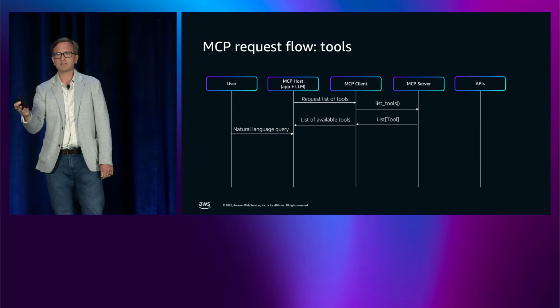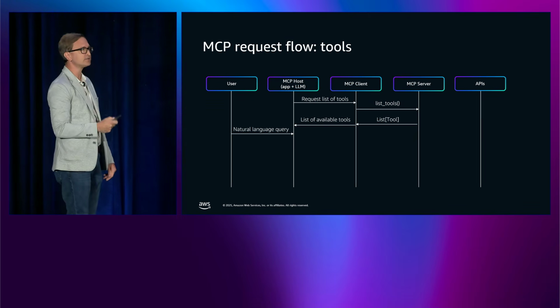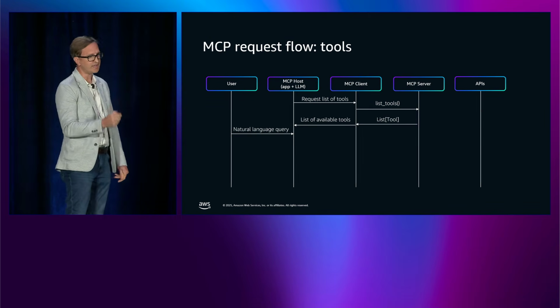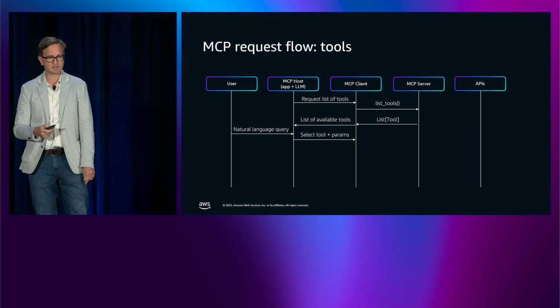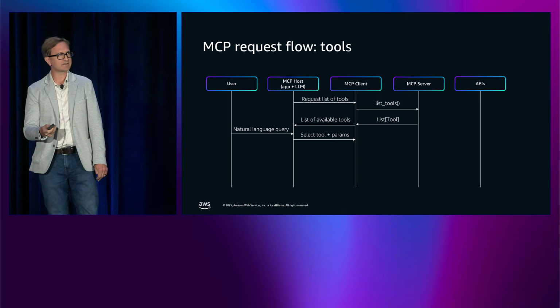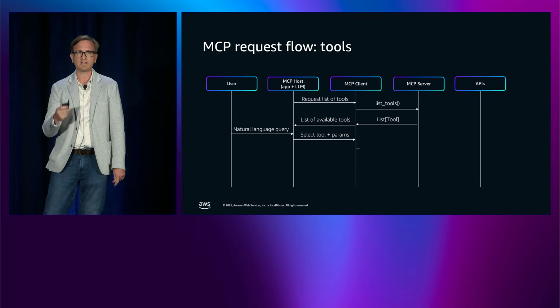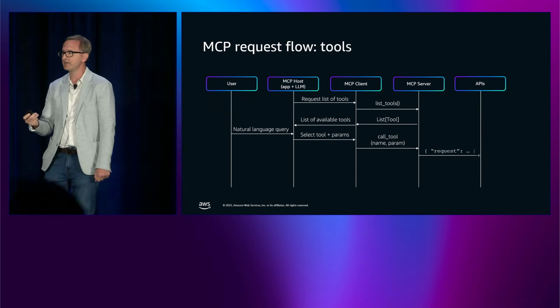And now when the user comes back and says, hey, I want you to answer this query, now the MCP host, that application, can take the list of available tools and concatenate it with the natural language query. The large language model will select a tool based upon that and a set of parameters, which then get communicated back into the MCP server through the call tool command.